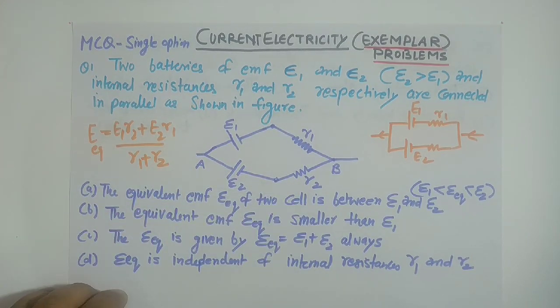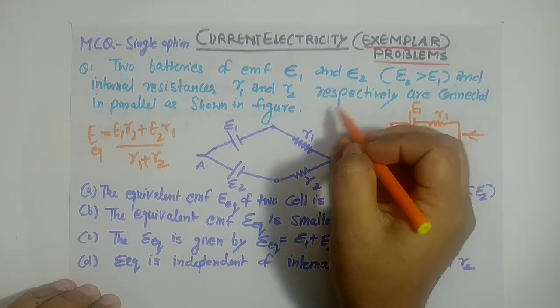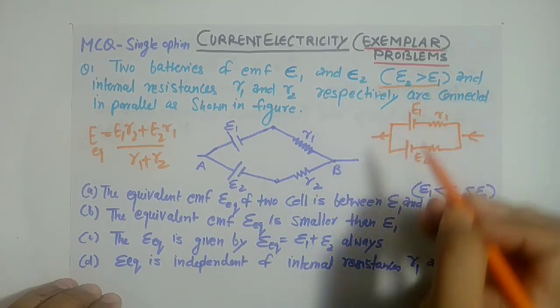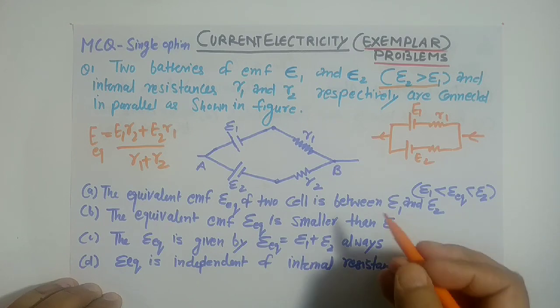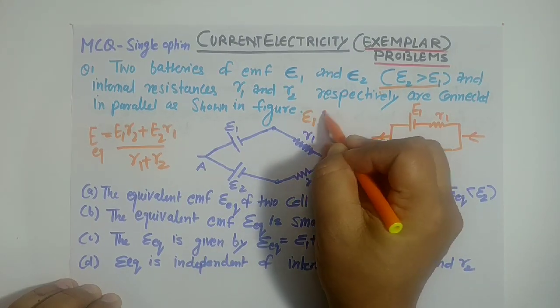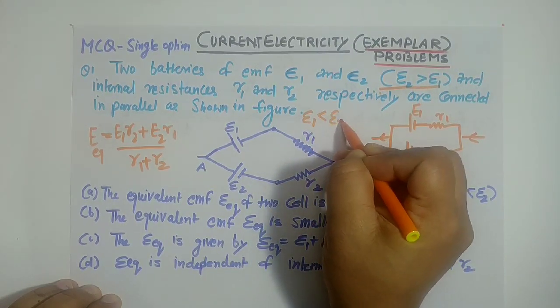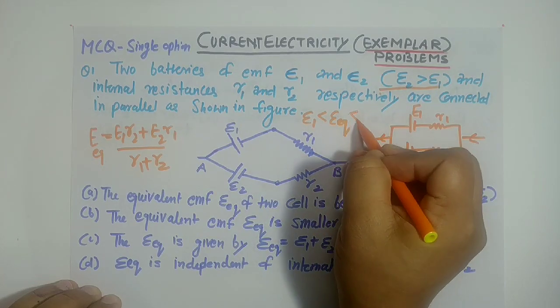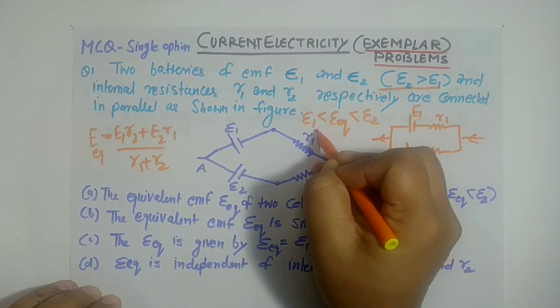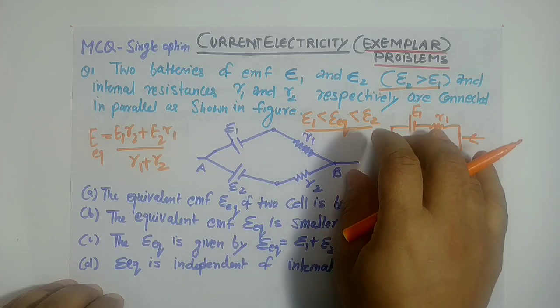This was a derivation, and it shows that E2 is greater than E1, as written here. So the equivalent is greater than E1 and less than E2. This will be the answer for this case.